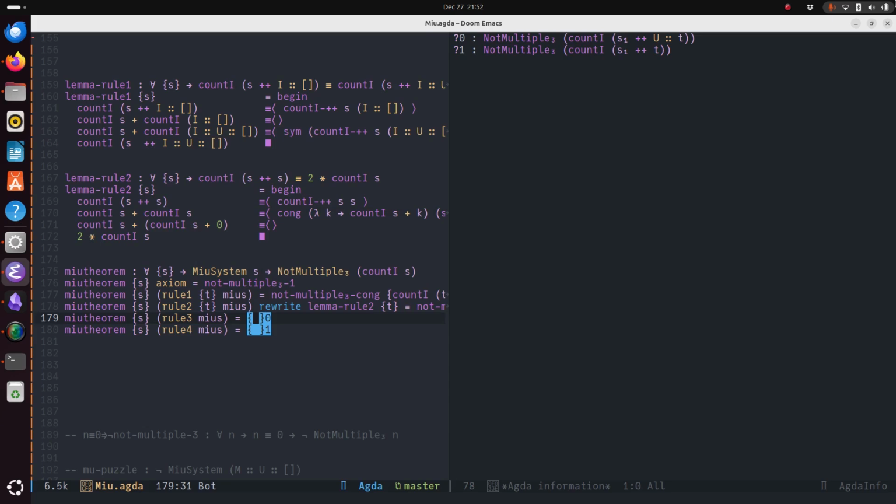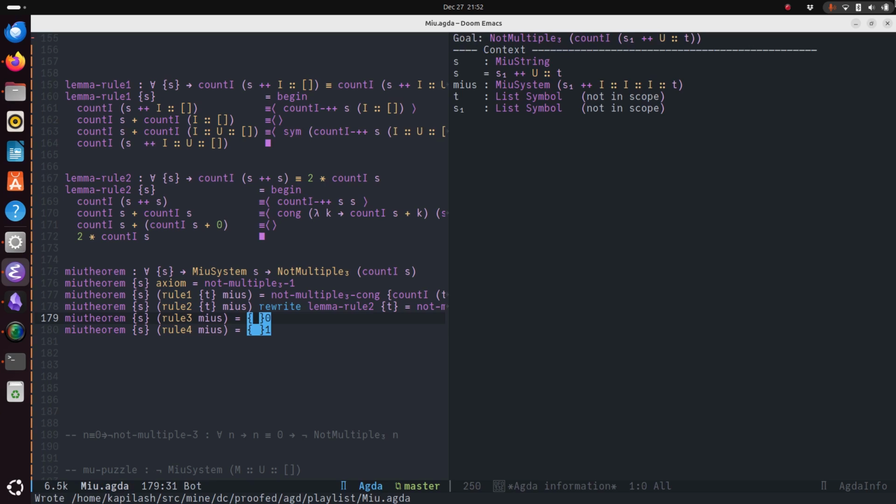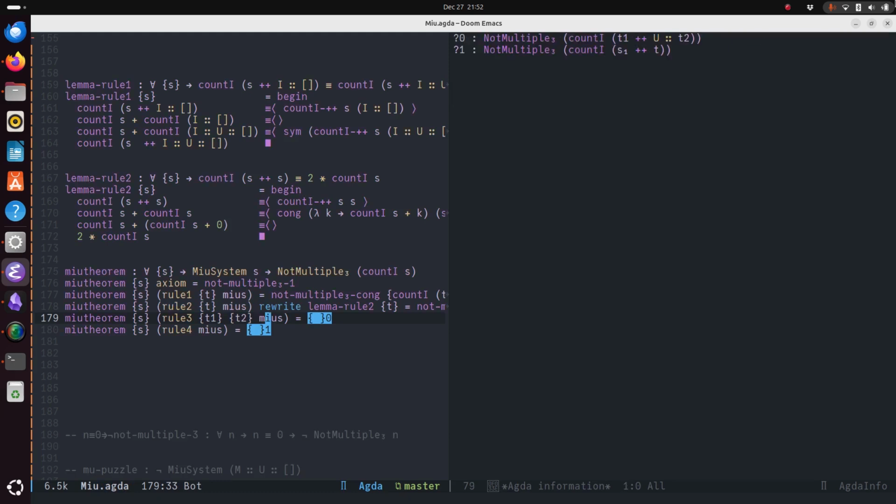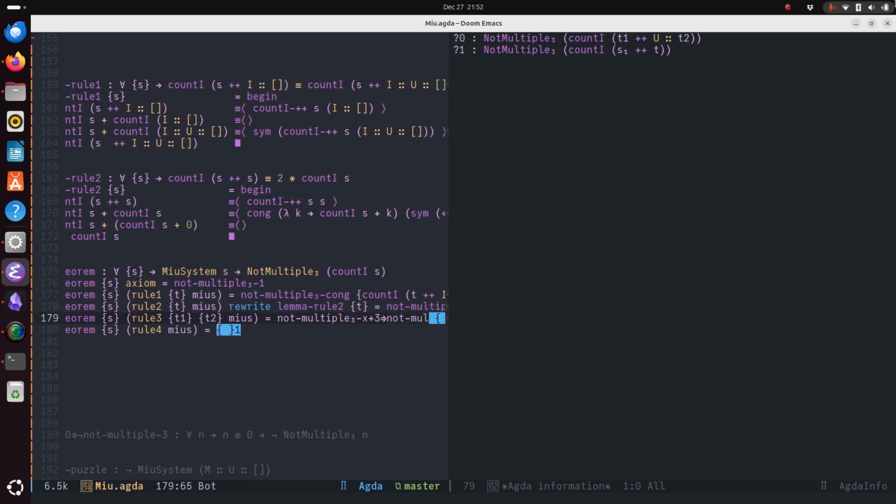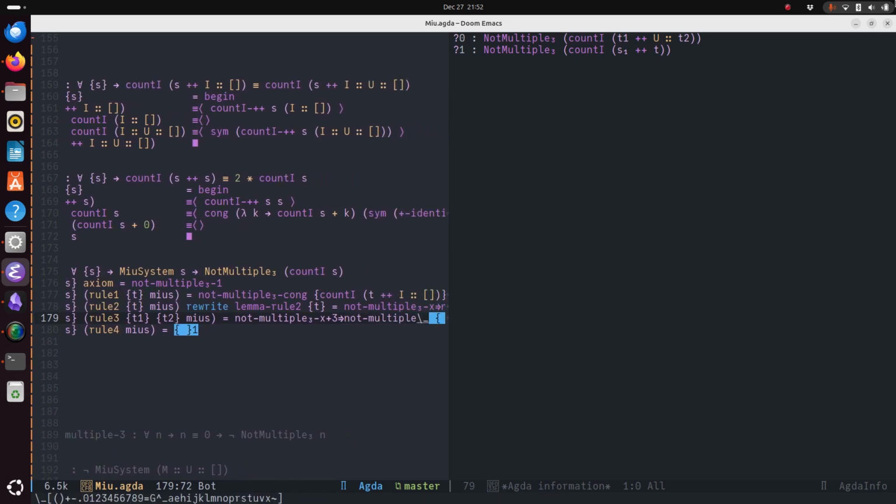Rule 3 is the case where the incoming string has 3 I's in order, and the rule says that we can replace those with U. So let me introduce the implicit variables. Now we have already proved a lemma that if x plus 3 is not a multiple of 3, then we can prove that x is also not a multiple of 3.